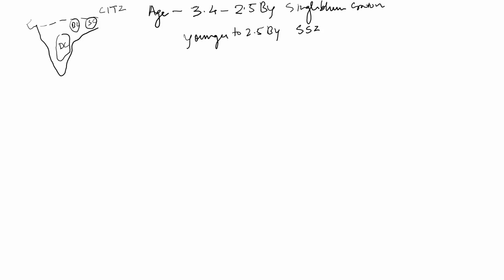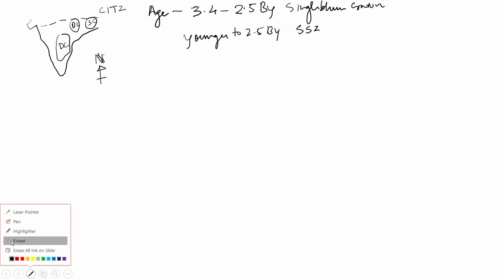Now, we are trying to draw the map, and this is the north. Sorry, in the beginning I had told you that the Singhbhum Craton lies in the vicinity of two mobile belts.